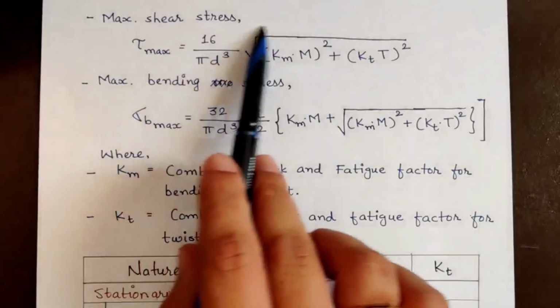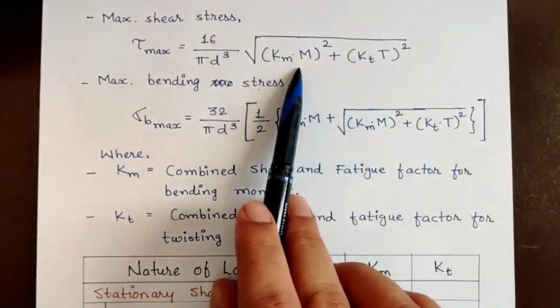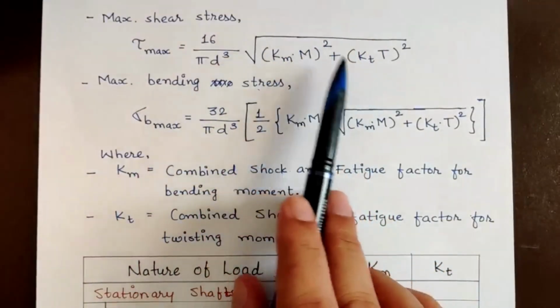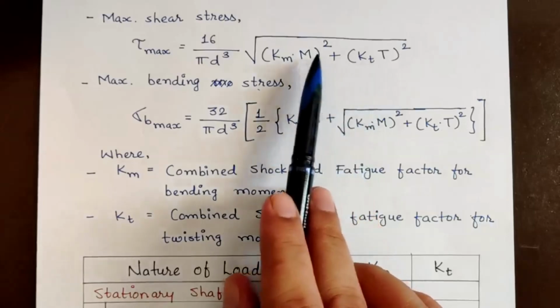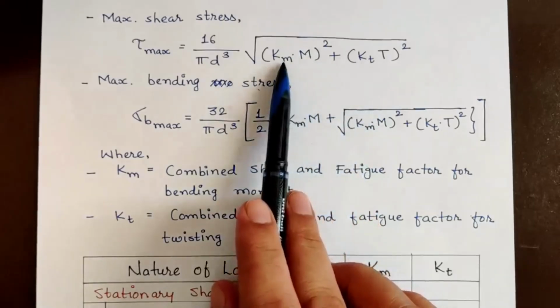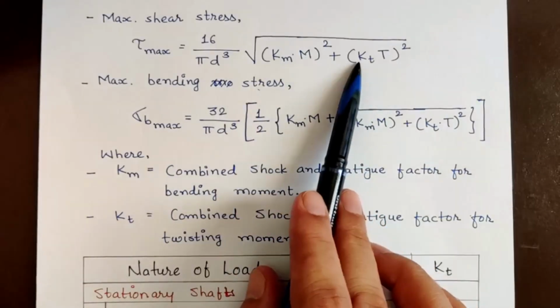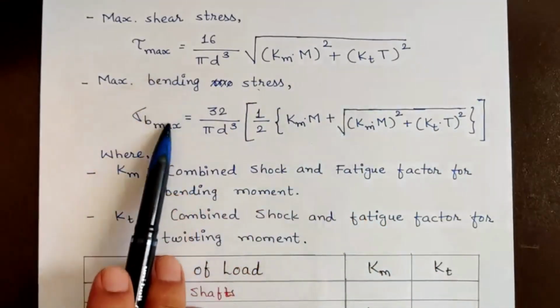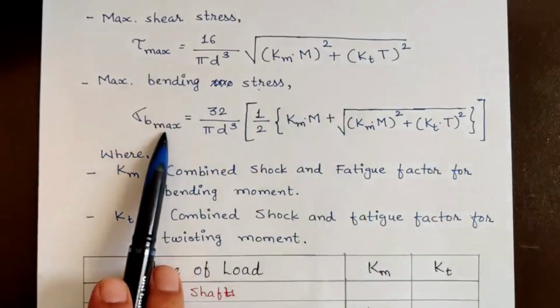In the original or standard equation, we have only root of M square plus T square. But to modify this equation, we have to multiply M by Km and T by Kt in both these equations. So you will get a small modification.